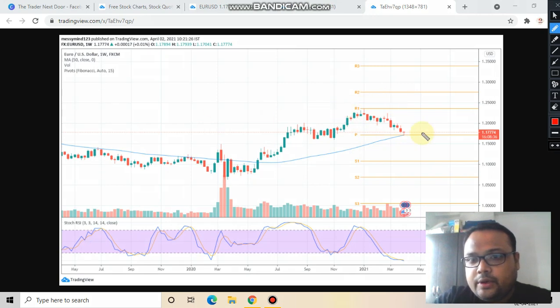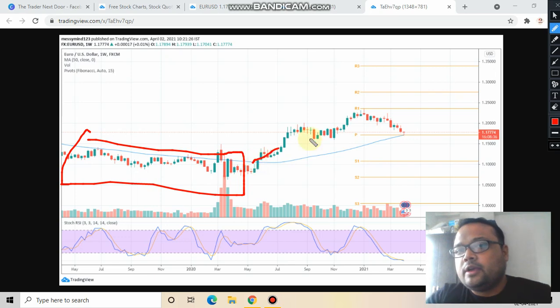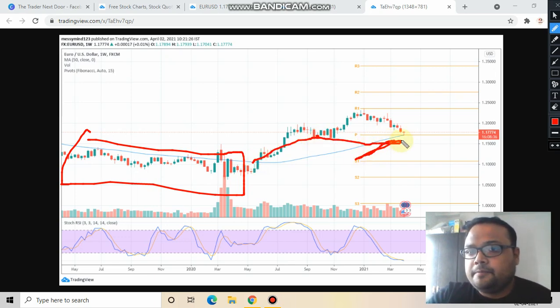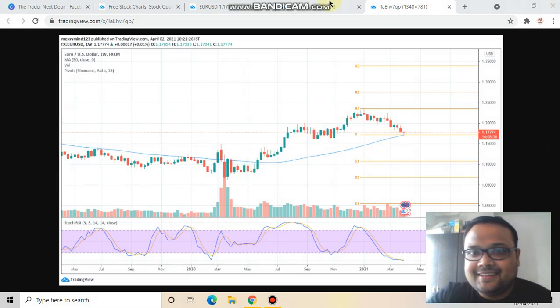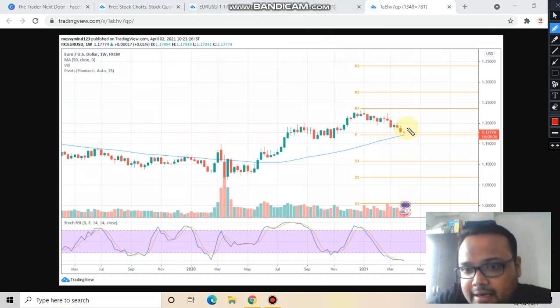In the weekly chart you can see that the market was flat previously during early 2020, but after that the market started going up, and right now the market is here. Sorry about the drawing. And as you can see, the market has formed a hammer kind of pattern with price rejection from below.